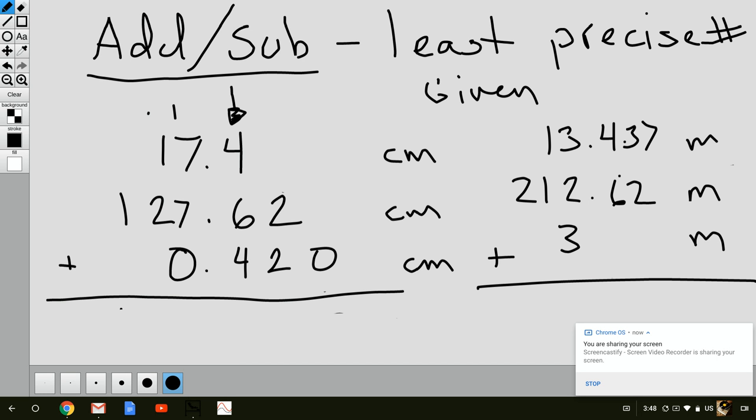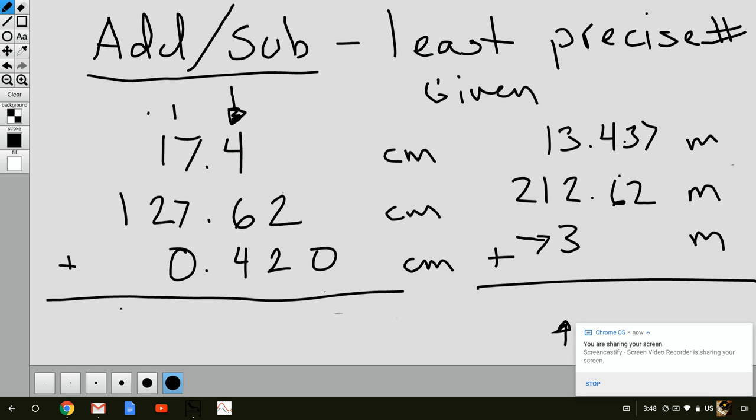Where's our least precise number? Well, I've got 3 decimal places, 2 decimal places, and then 0 decimal places. That is my least precise number. So when we are done, we are going to round to the ones place.